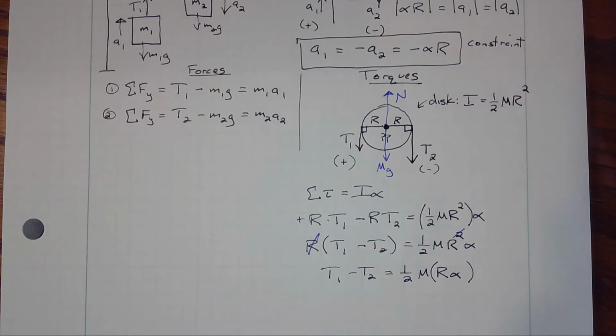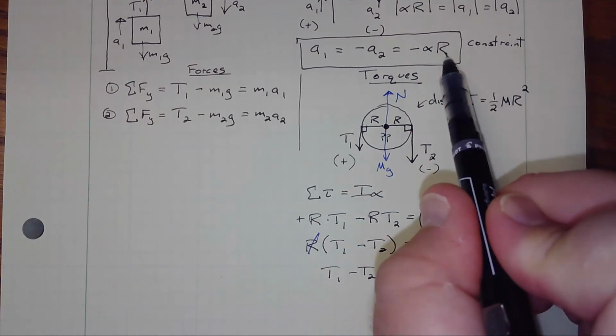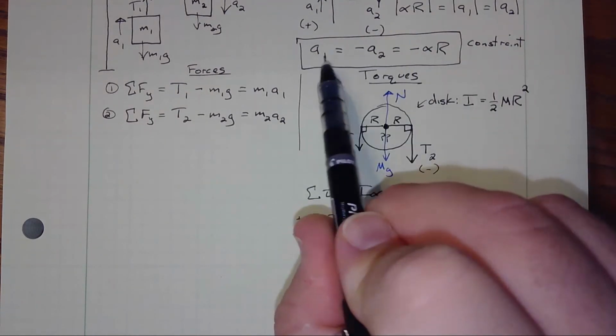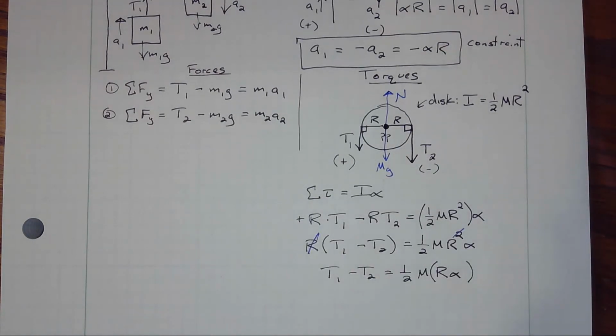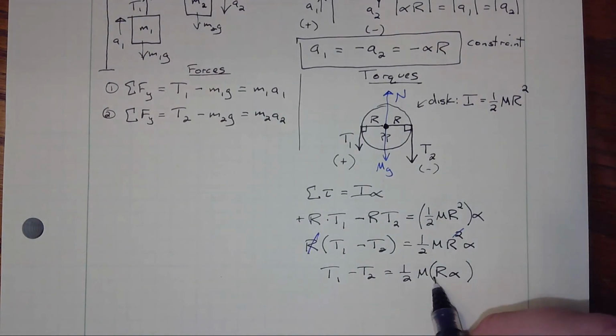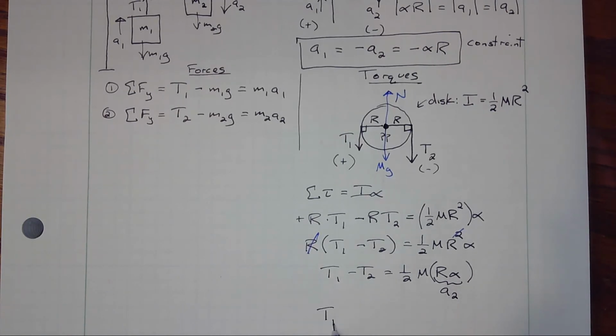This acceleration constraint said that alpha R has the same magnitude as a1 and a2. So alpha times R is just equal to a2, which means I can now rewrite this as T1 minus T2 is equal to 1/2 times big M times a2.